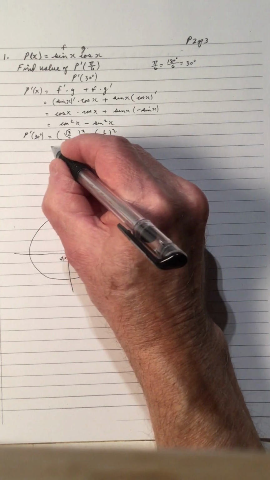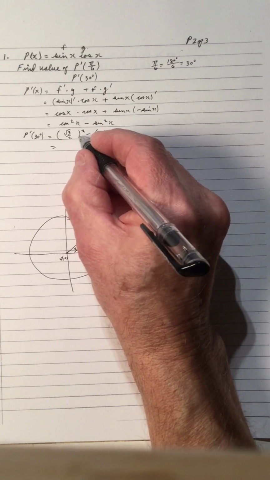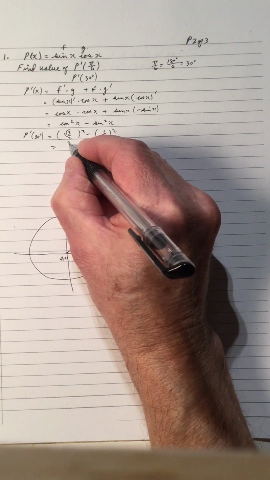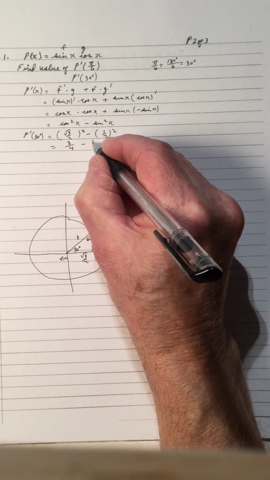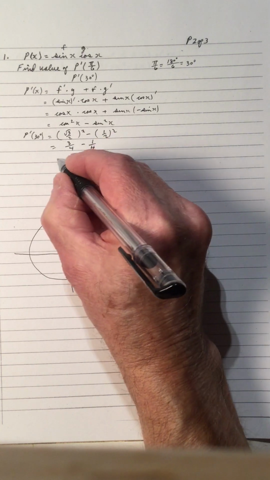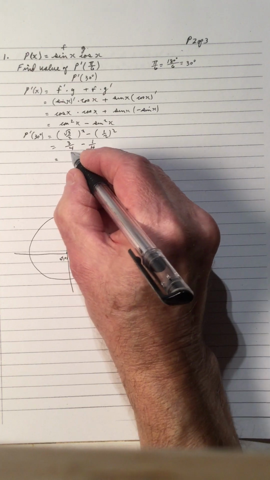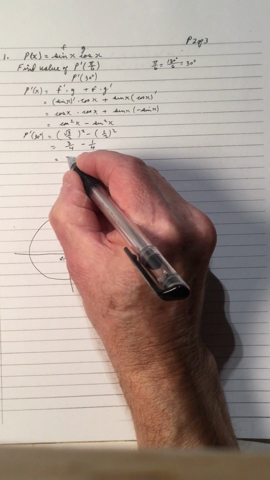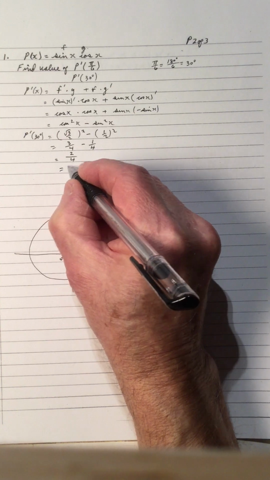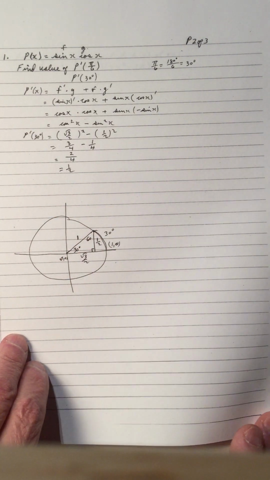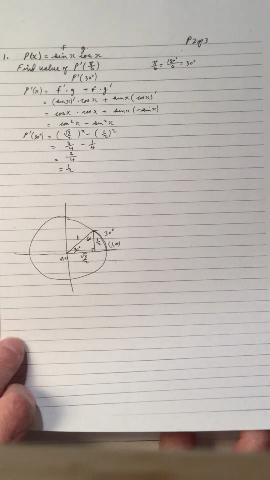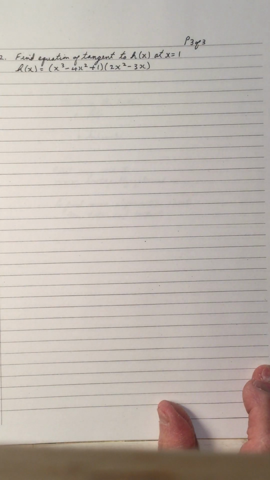Being squared, root 3 over 2 squared: root 3 times root 3 is 3, 2 times 2 is 4. 1/2 squared: 1 times 1 is 1, 2 times 2 is 4. The common denominator is 4, so 3 minus 1 is 2 over 4, which works out to be 1/2. So that's an example of using the product rule when you do the derivative.